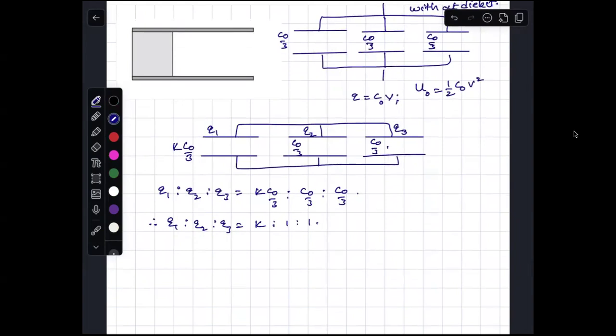So you need to break the total charge Q into 3 parts in the ratio K is to 1 is to 1.